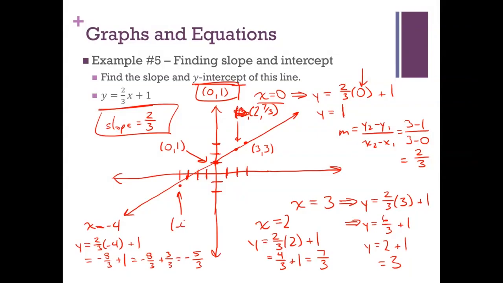So what was that? That was -4, -5 over 3. But as long as you give me 2 different x values, we're going to be fine. We're going to get 2 different points. And we can finish the graph of a line.